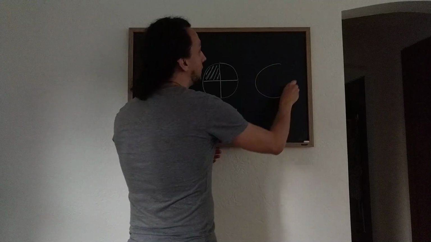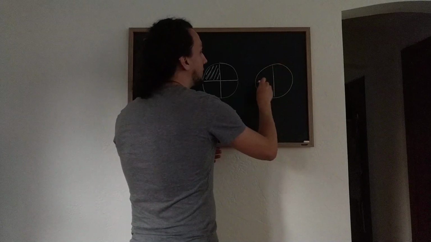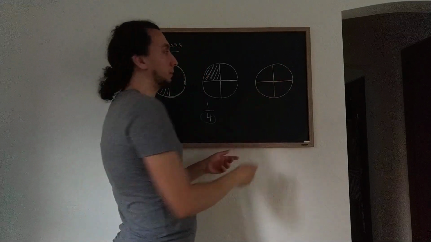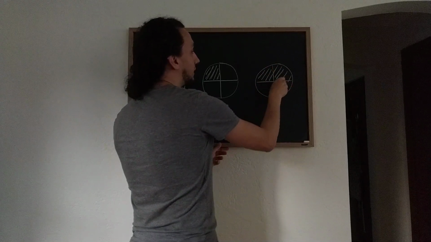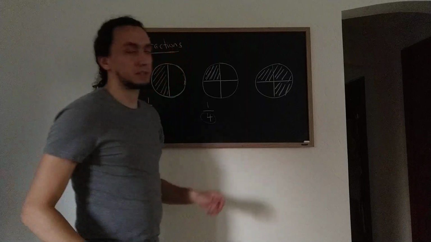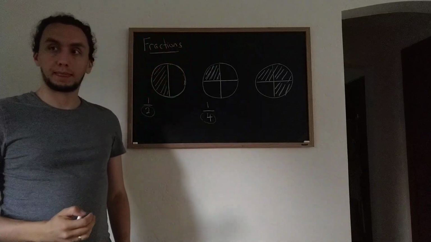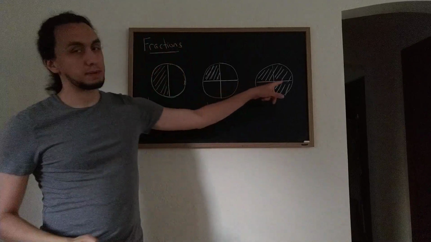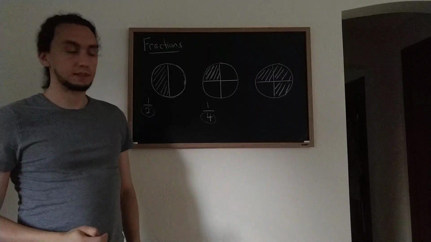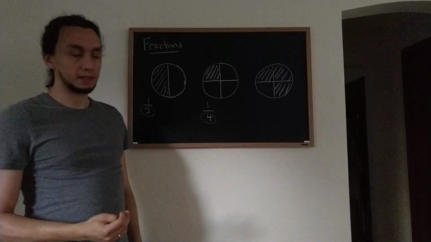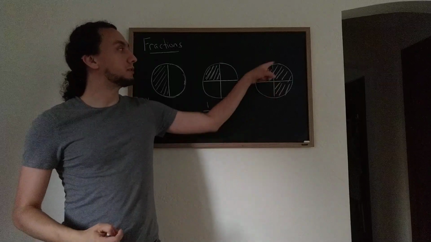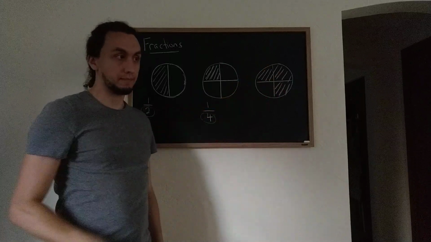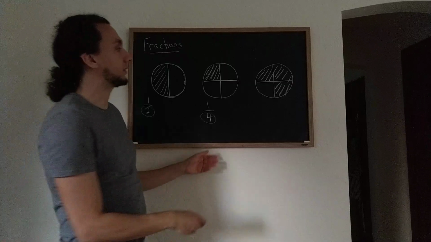Okay, well then why don't we go to the same example, so it's still quarters, but now imagine I color it in like this. How much is this? That's the opposite of that one. Yeah, it's kind of the opposite. 1 is missing and 3 are colored in. Yeah, exactly. But how would you say this amount? 3 quarters. 3 quarters, exactly.